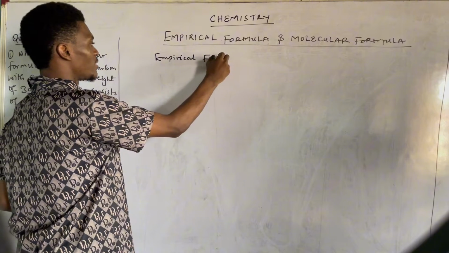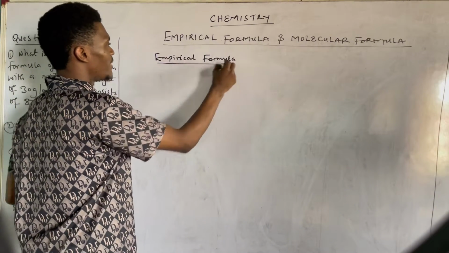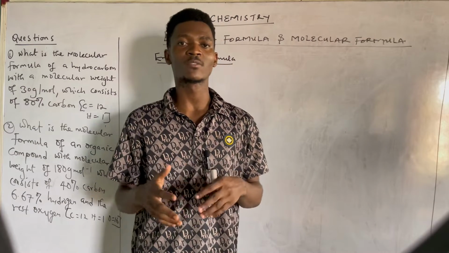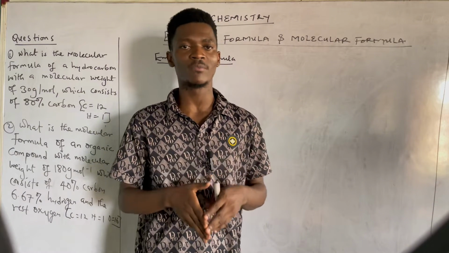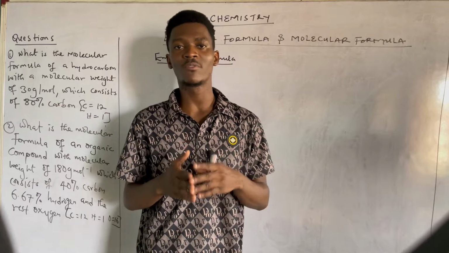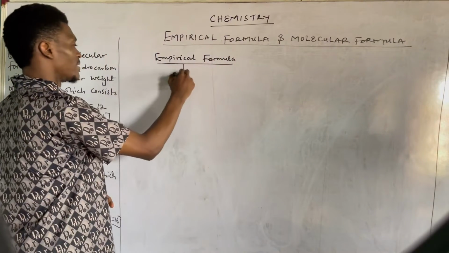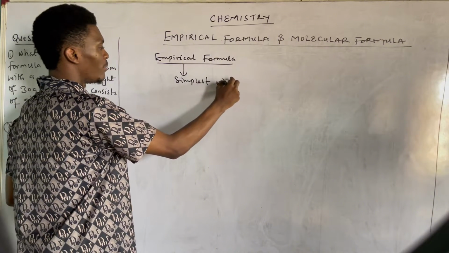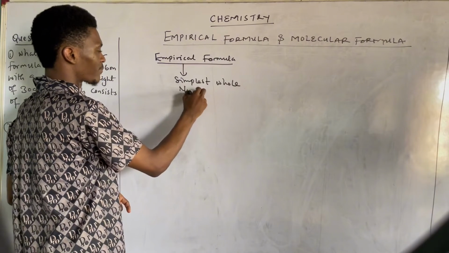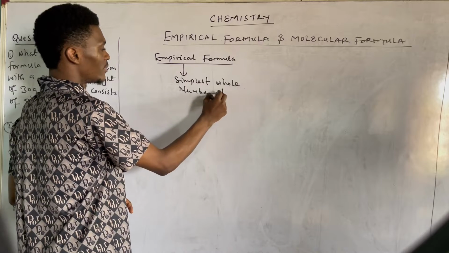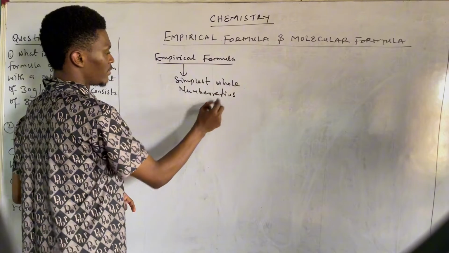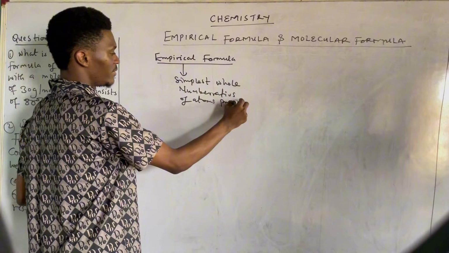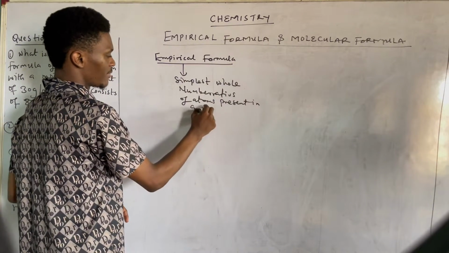You can simply put it this way: empirical formula is a formula that shows the simplest whole number ratios of atoms present in a compound.